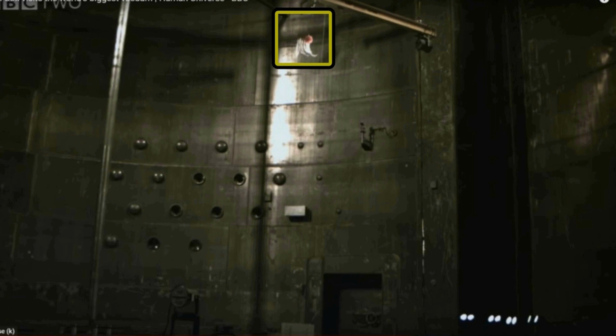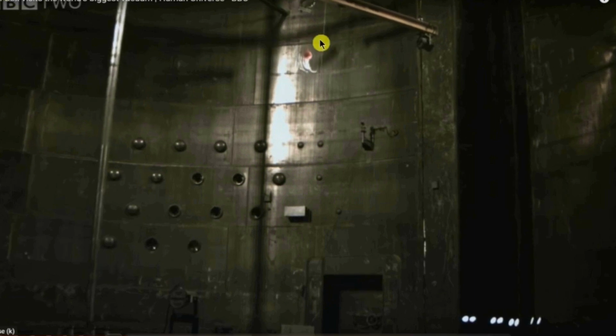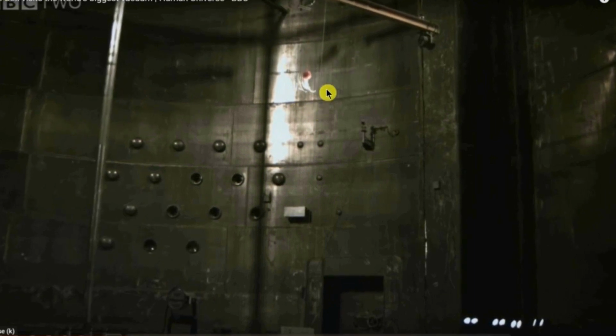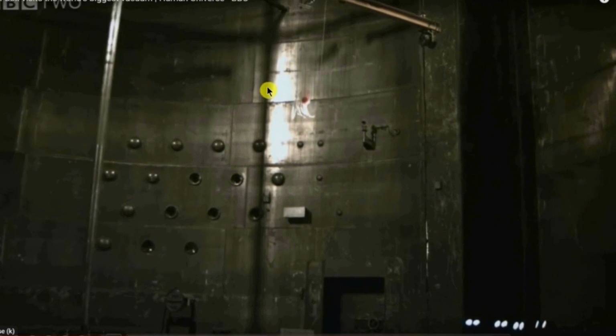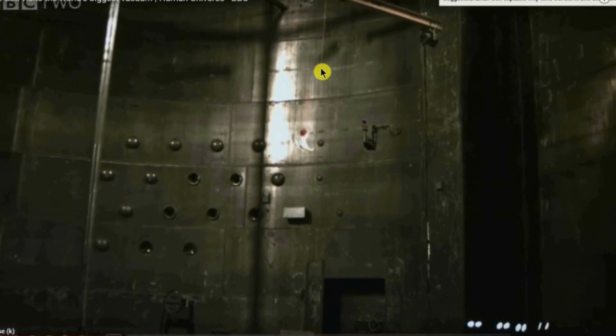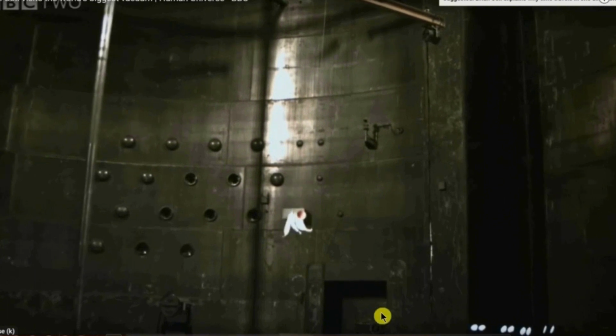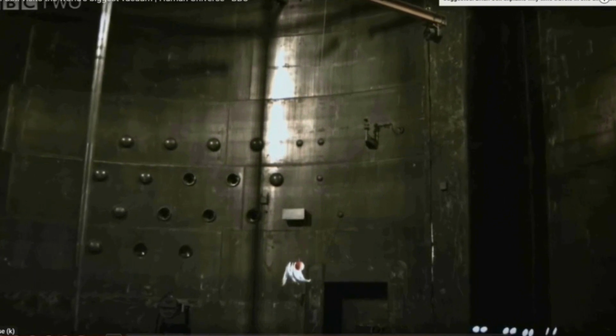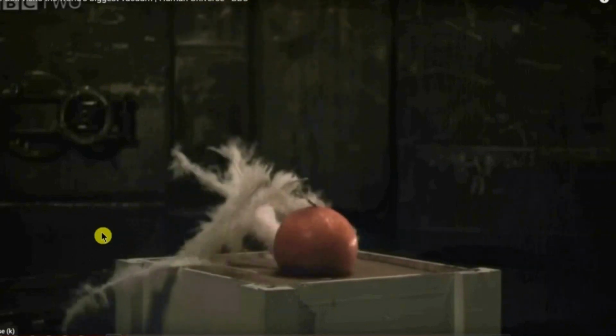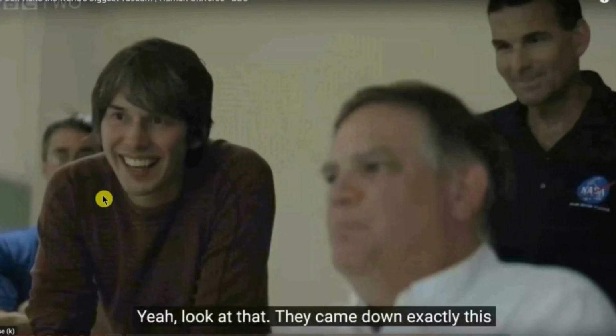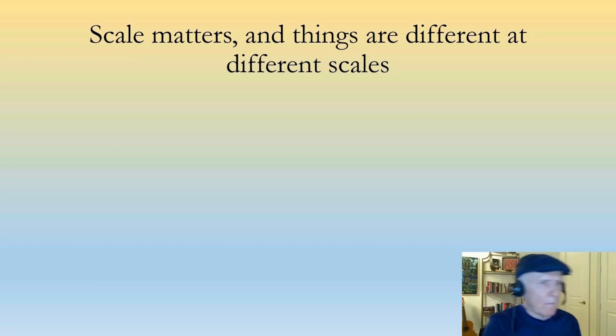Here they go. The bowling ball falling and the feathers falling at exactly the same rate through 5 stories of space. No air in here to hold the feathers back, so they fall at the same rate. Watch these guys now. They can't believe their own.